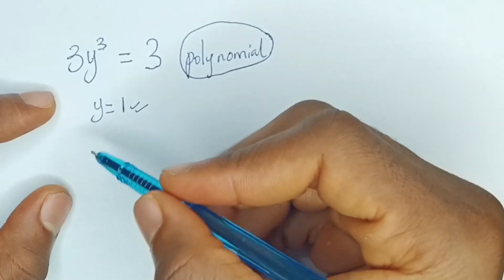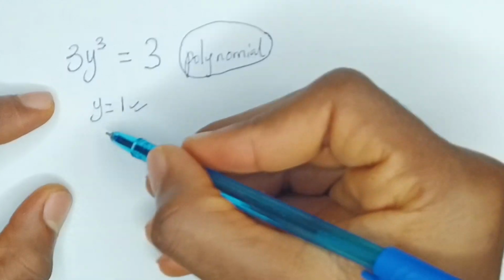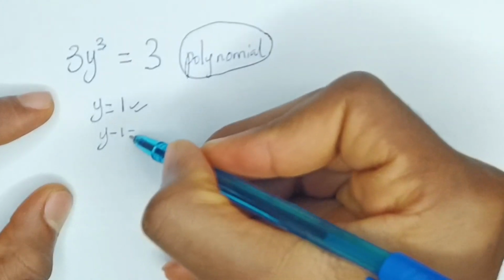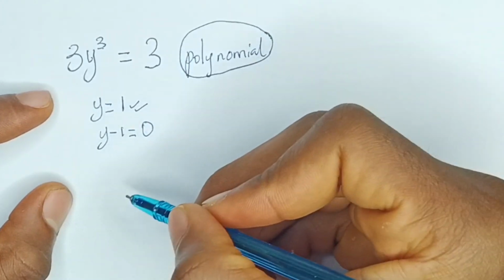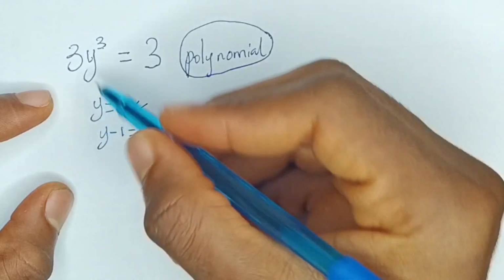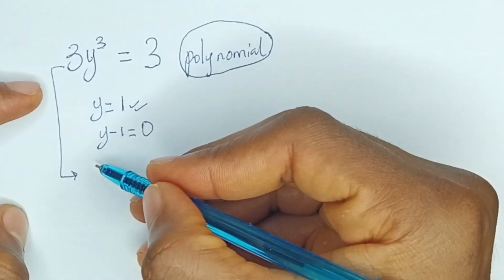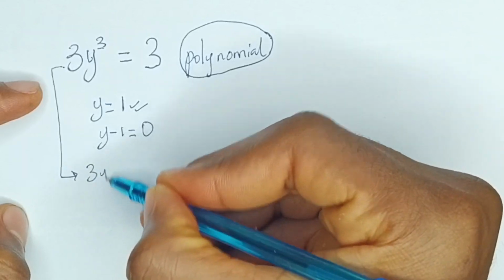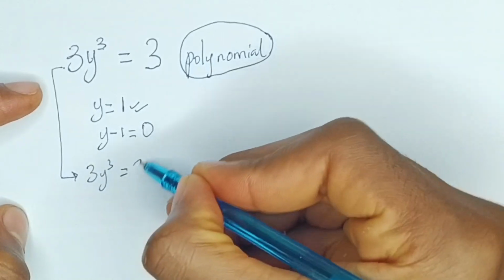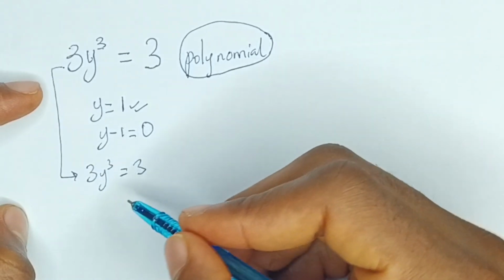Now, here's what I will do. I would make y minus 1 to be equal to 0. And this is where it gets interesting. So I can bring this thing down and say that 3y raised to power 3 is equal to 3, which is what we are given from the beginning.